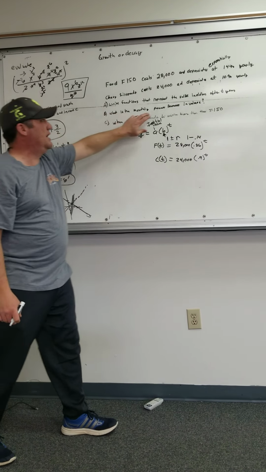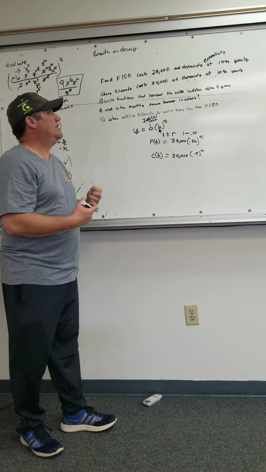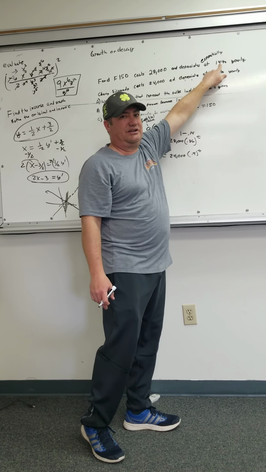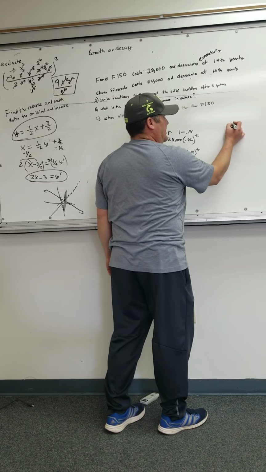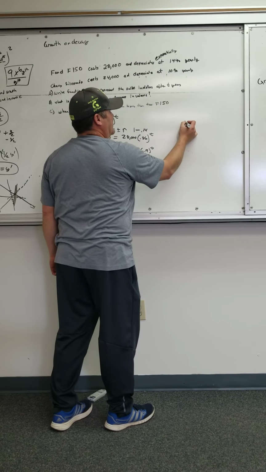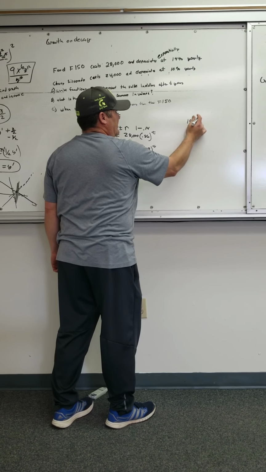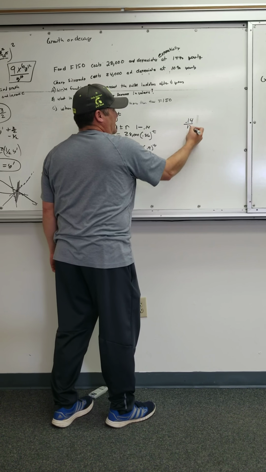Now, it's going to ask a little weird question here. It says, what is the monthly percent decrease in value? So now I have to think, over a year it's depreciating by 14%. What would that be monthly? Well, that's actually pretty easy. It's going to depreciate 14%, so 0.14, divided by 12 months.